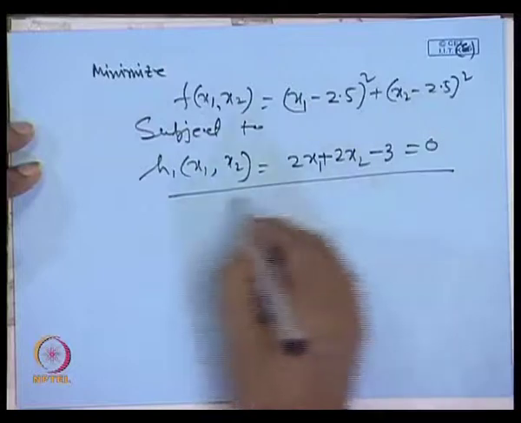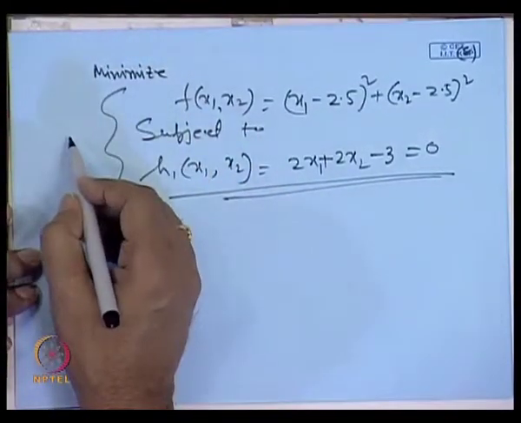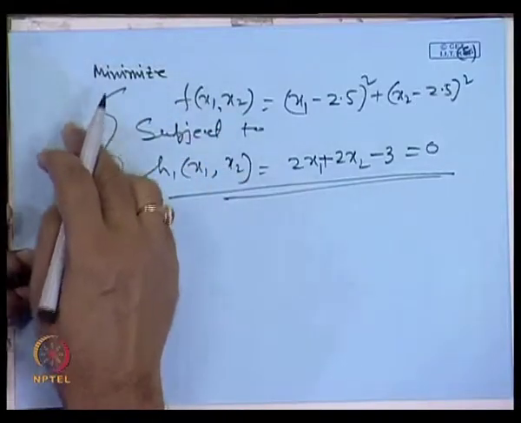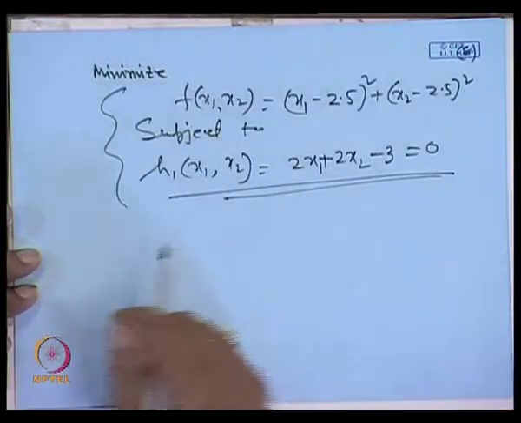It is only one equality constraint. So, how to transform this constrained optimization problem into an unconstrained optimization problem?